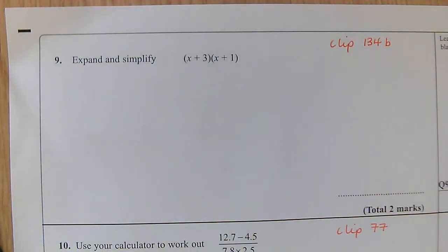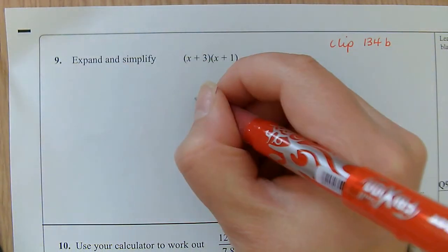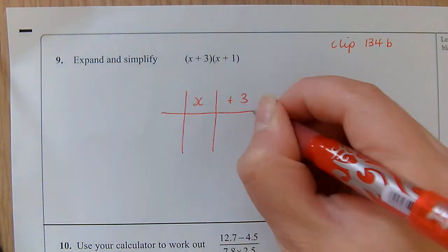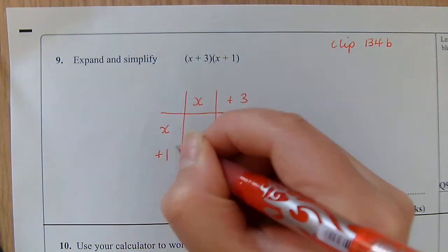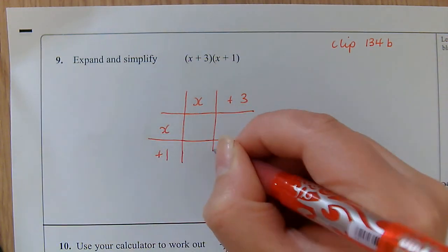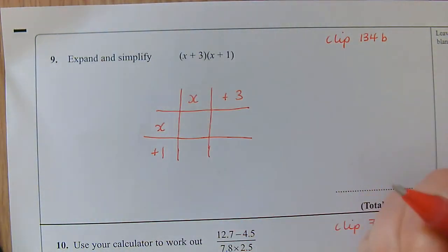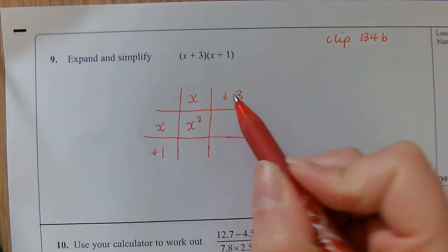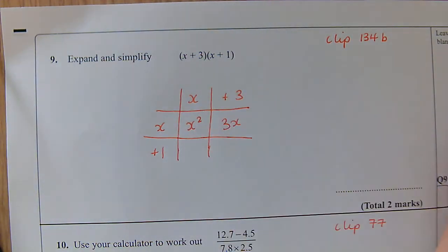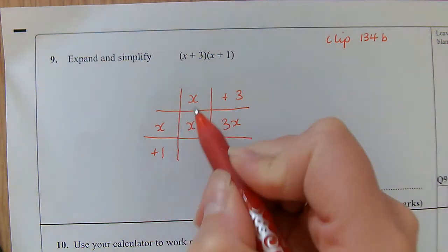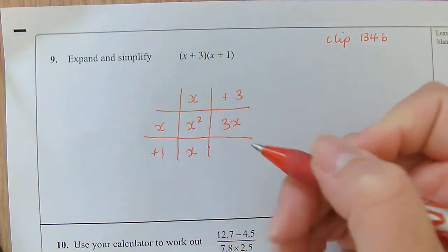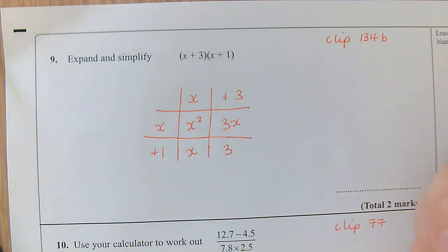Okay, we've got some expanding double brackets now. The best way to do this is to pop it in a grid. So here I've got x multiplied by x to give me x squared, x multiplied by 3 to give me 3x, x multiplied by 1 to give me x, and 3 multiplied by 1 to give me 3.